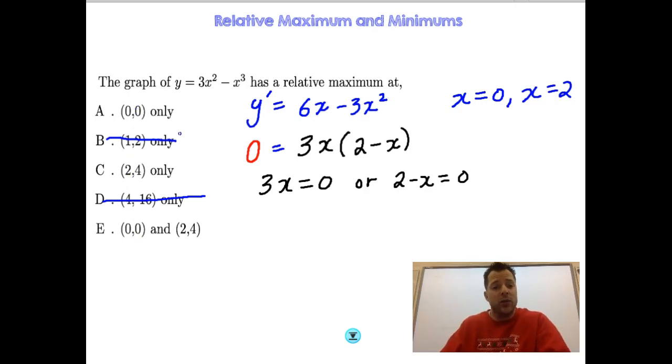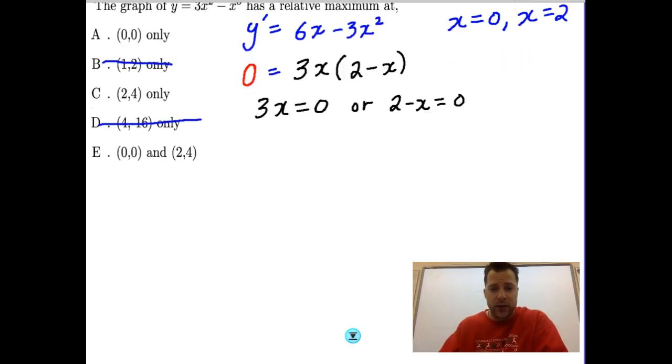So in order to determine a max or a min, I'm going to go ahead and do a sign analysis. Okay, so here's what we do. We're going to draw our little line here, and we're going to check out these two critical values, 0 and 2. And we want to figure out what the sign of each of these is going to be.